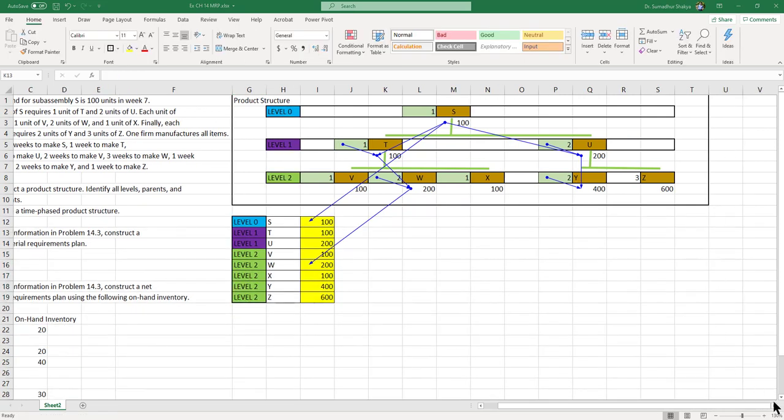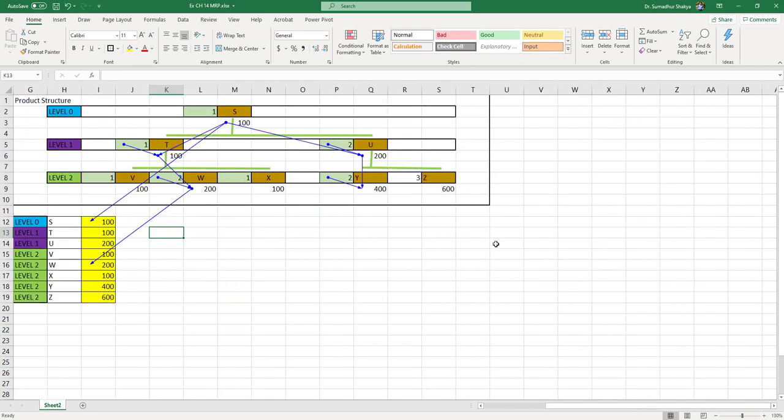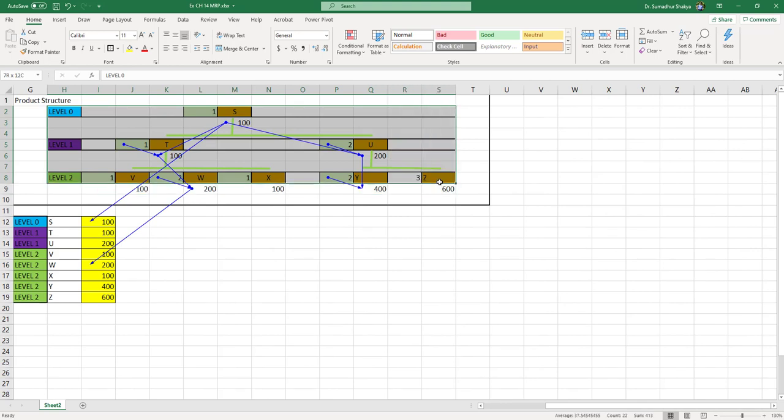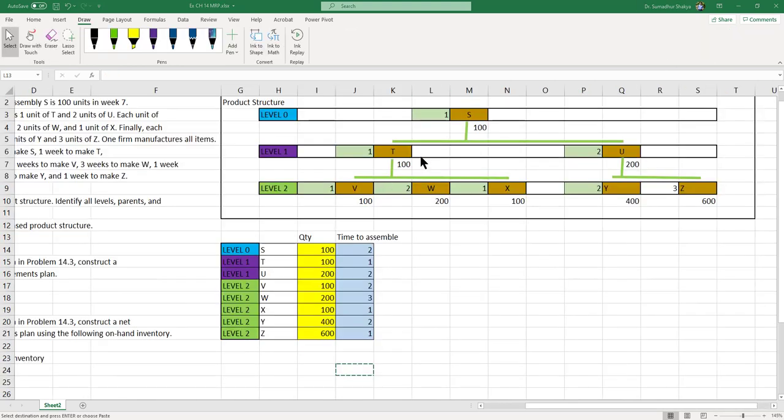Now what I want to do is transpose the structure that I've just made. So this is what I already have. Now let's say we want to make the time phase structure, because so far we know the interrelationship between the individual components and the final product, but we do not know what components are needed when and how long it will take.